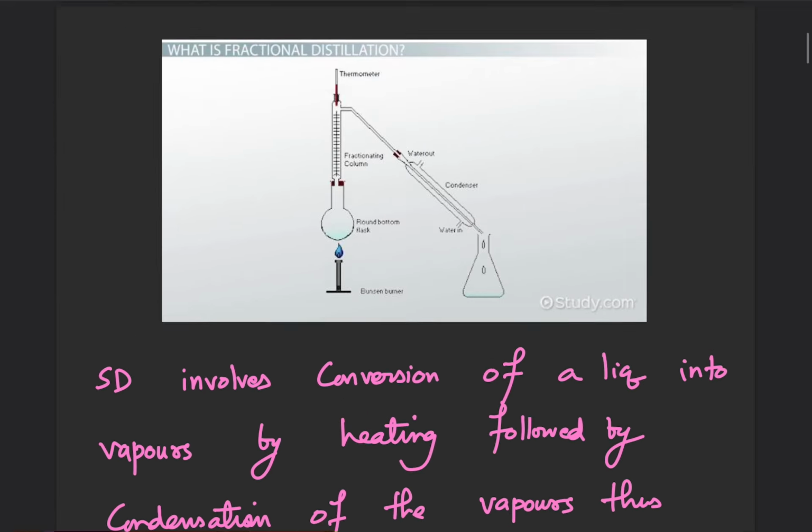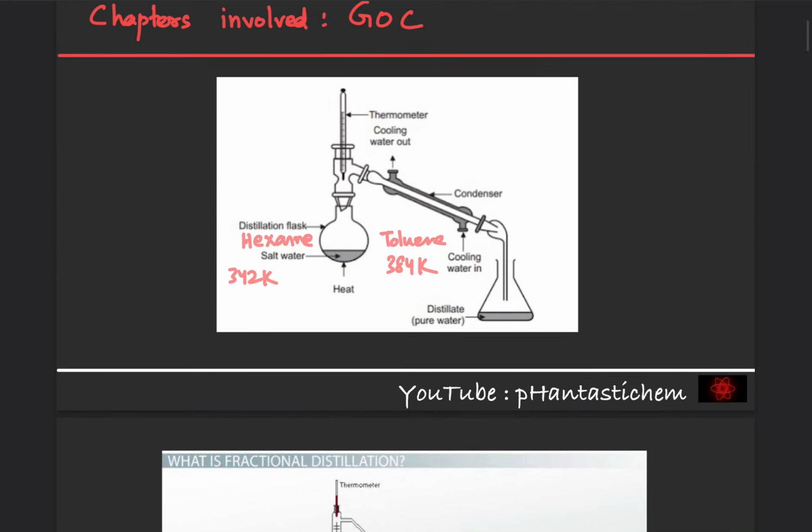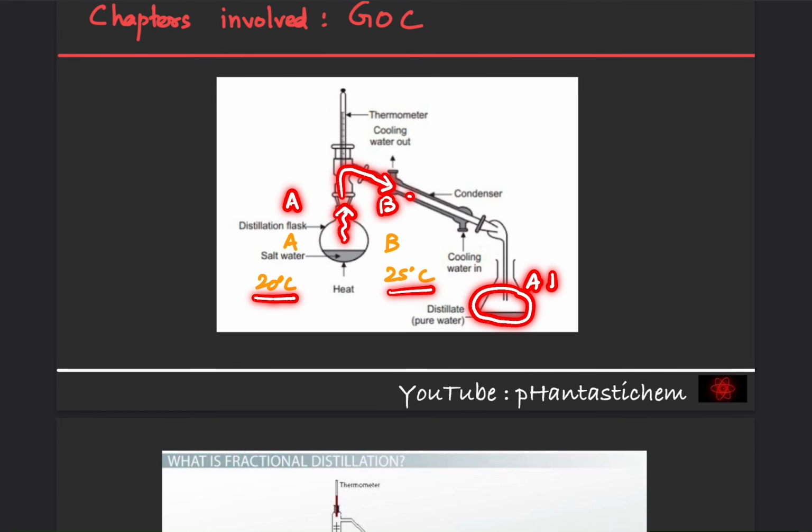To understand this, let's say that, instead of hexane and toluene, this time I'm taking two liquids A and B, and A boiling point is 20 degrees Celsius, B boiling point is 25 degrees Celsius, and let's say we heat it. Upon heating them, since their boiling points are very close to each other, the vapors rising up will now consist of A and B both. That's why in the condenser also both kind of vapors are going. That's why in this test tube we'll get both A and B. So therefore we cannot separate it using simple distillation.